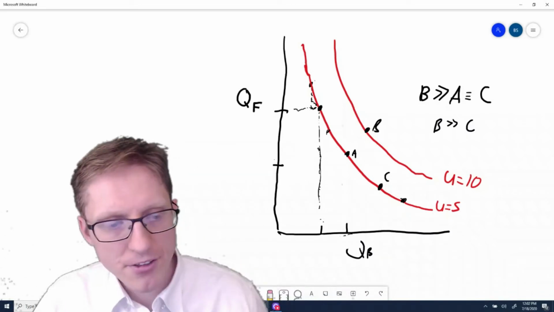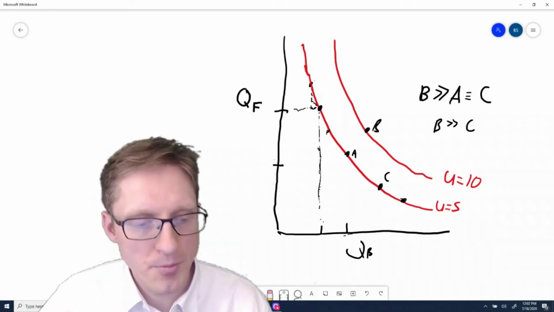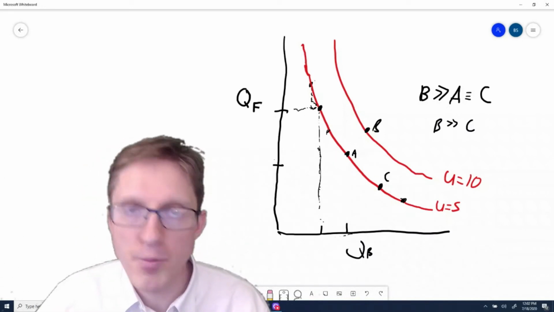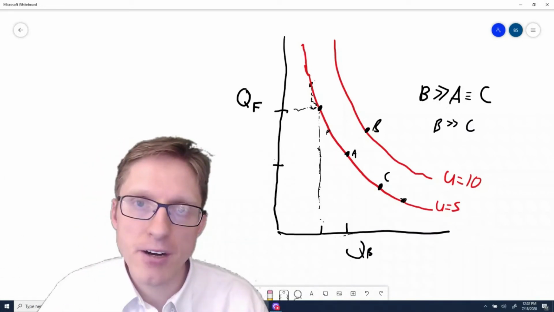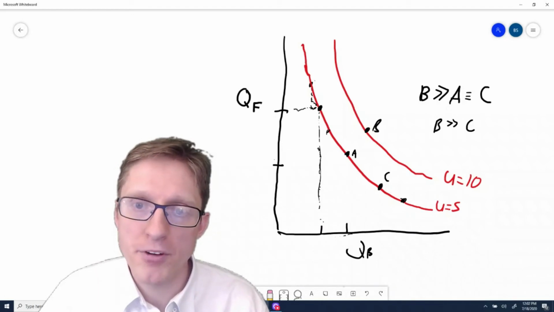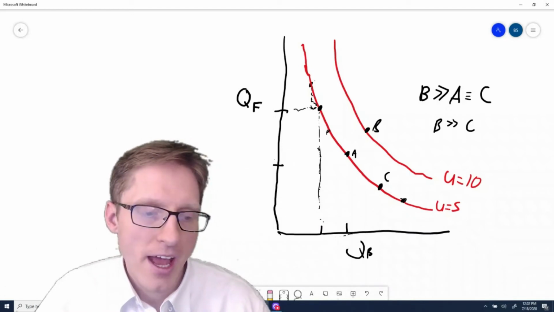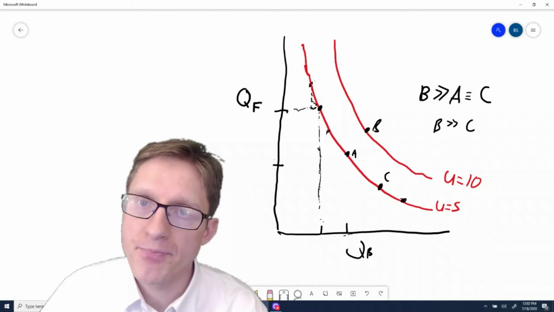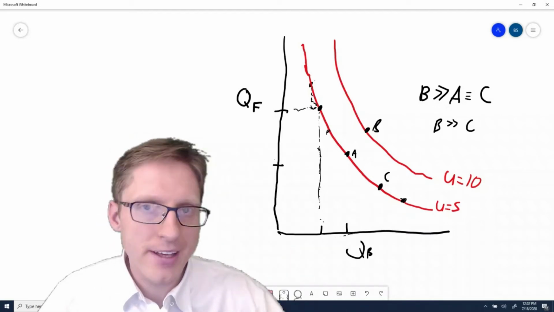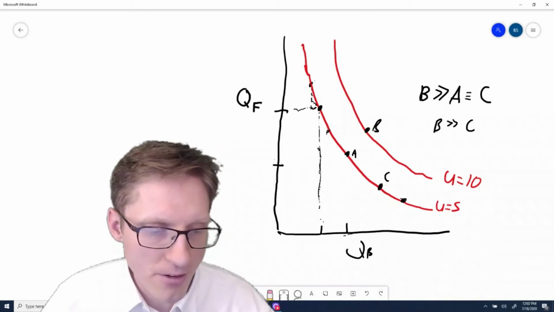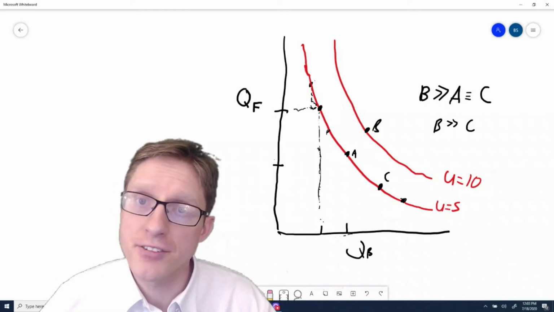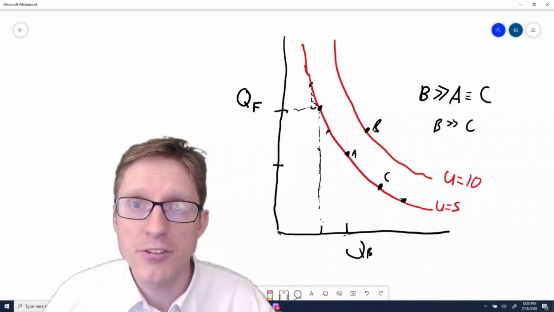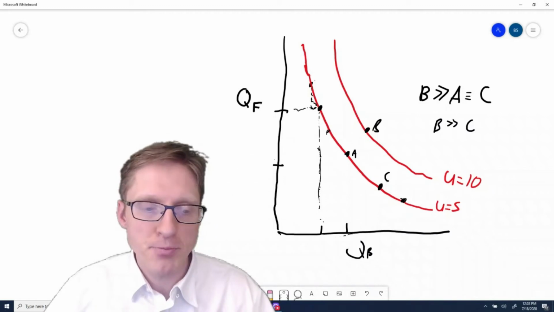So now I want to talk about another thing we're going to plot: the budget constraint. The assumption here is that this consumer who we're representing on this graph has limited income. Now we're going to ignore things like savings. We're just going to assume that this is a static model where the consumer is trying to maximize their utility this period.